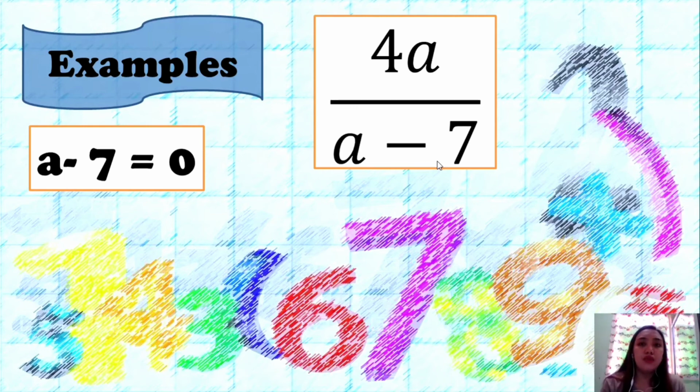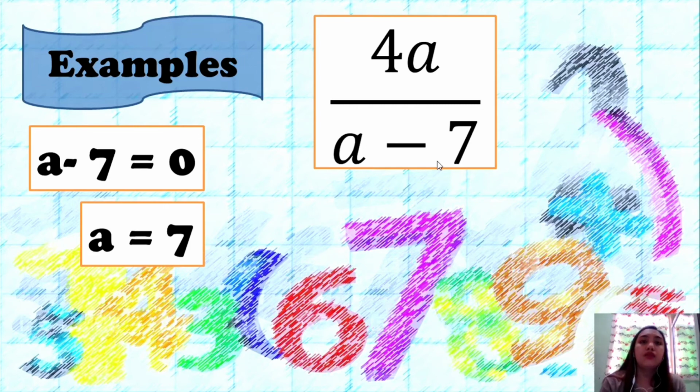Paano natin makukuha ang value ni a dyan? So, syempre, may katabi siyang negative 7. So, meaning, kapag nilipat natin siya sa kabila or we are going to transpose it on the other side, it will become what? Positive 7. Therefore, the value of a is now 7 or positive 7. So, meaning, ito na po yung sagot.